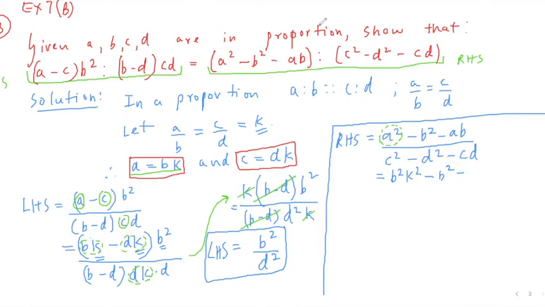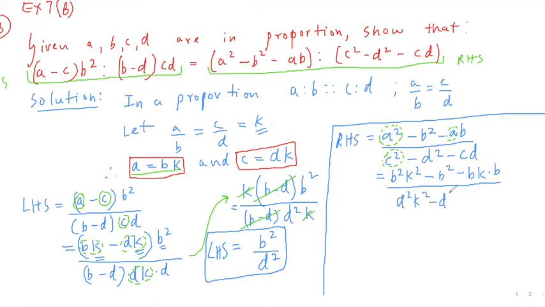Again, the a I'll substitute over here as bk. This a gets substituted as bk, minus bk into b, divided by c squared. C again you can write as dk, so c squared is d squared k squared.